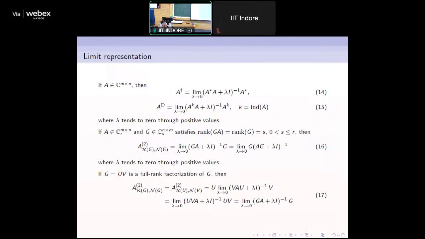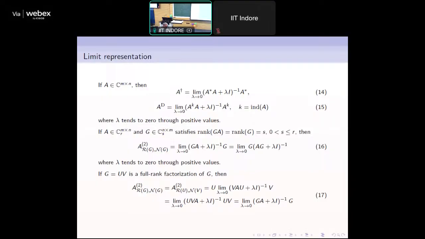But we can reduce lambda to 10 to the power minus 4, which gives a better result. Then I tried many times even smaller values, 10 to the power minus 6, minus 8.